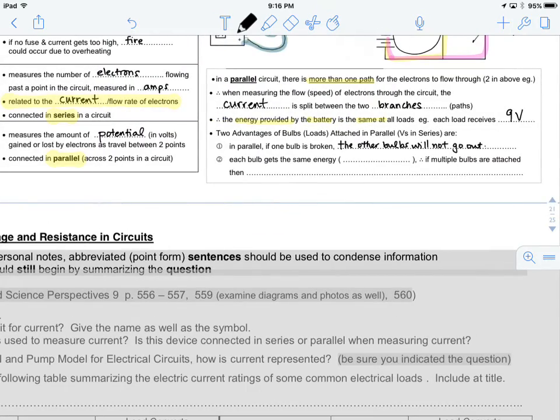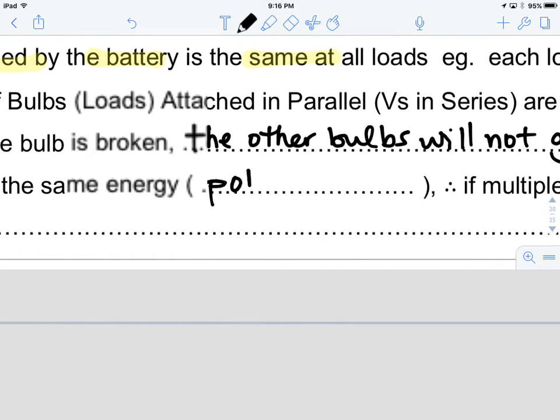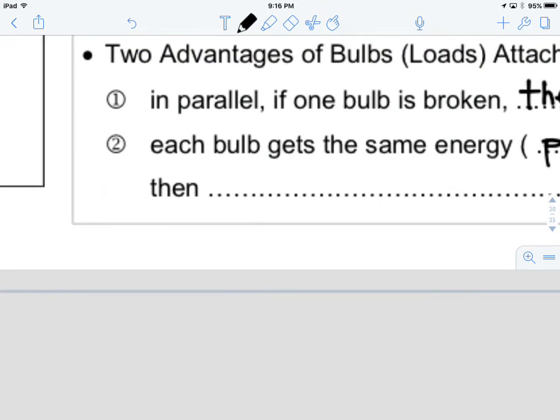And each bulb gets the same energy, which we call potential, or we could also call it voltage. And that means that if multiple bulbs are attached, then they all have the same brightness.